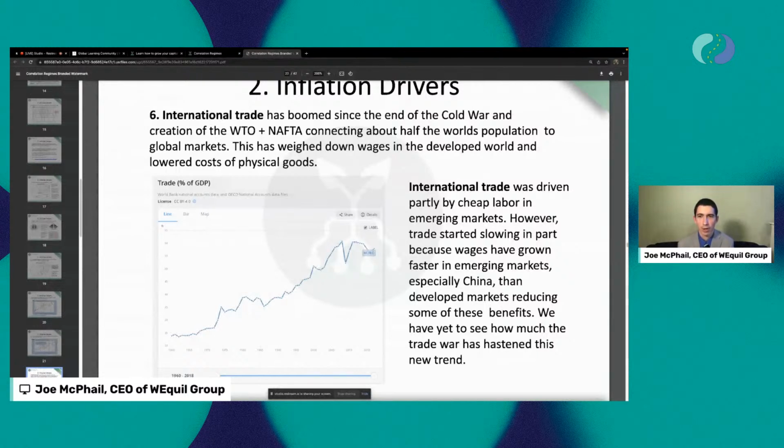And because Chinese wages were so much lower, for the past few decades this has really been one of the reasons why the United States hasn't had a steady rise in real wages. But international trade was also quite helpful in terms of driving down prices.